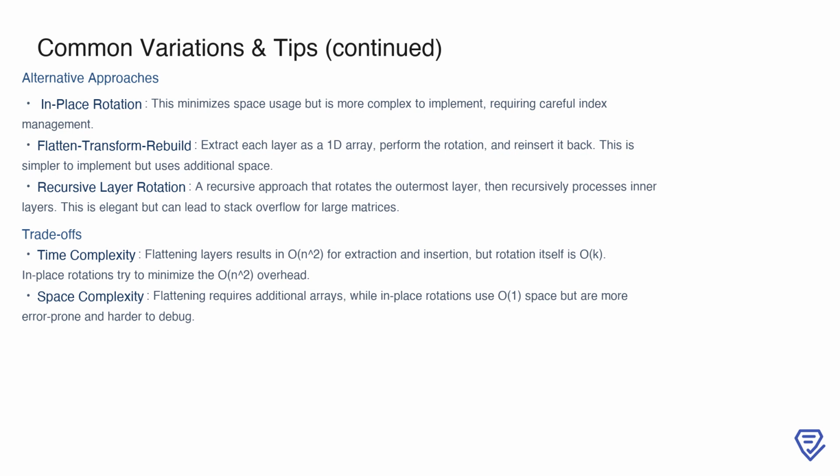On the other hand, in-place rotations aim to eliminate the O(n²) overhead but come at the cost of higher implementation complexity. For space complexity, in-place solutions use only O(1) additional space, while methods like flatten transform rebuild require extra memory for the intermediate arrays. Balancing these trade-offs depends on the specific constraints of the problem and the priorities of your solution.